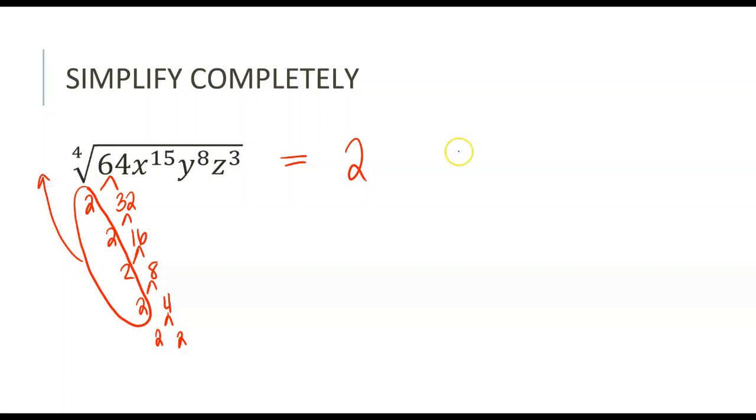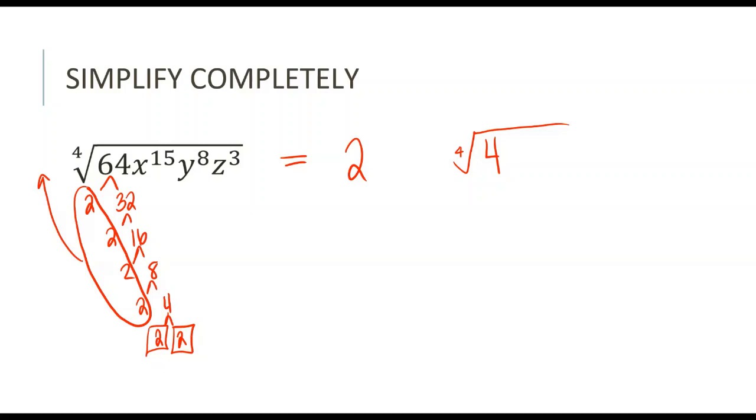Comes to the front over here. Let me still write the 4th root, just in case there's going to be stuff left on the inside, you know? All right, and then we have a 2 left over and another 2 left over, so we just multiply those. That's just 4, and so that stays inside the radical. Okay, so we've broken down our 64.